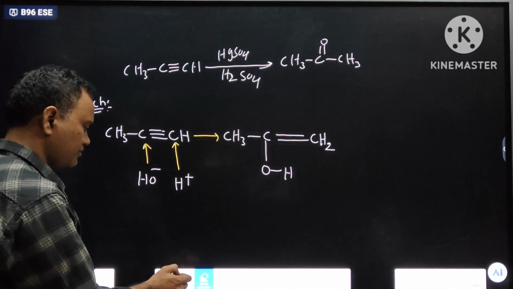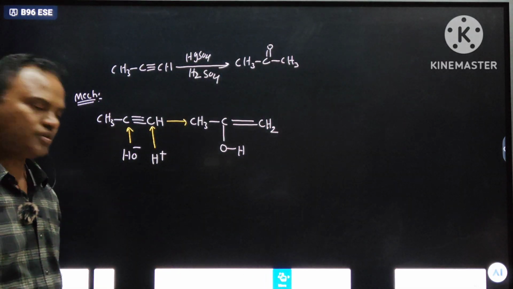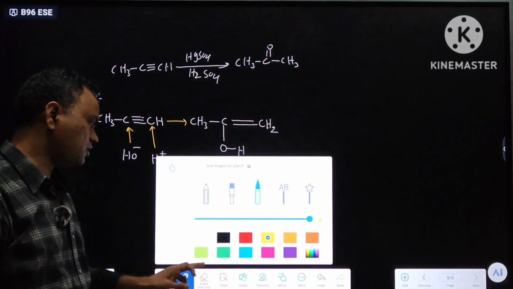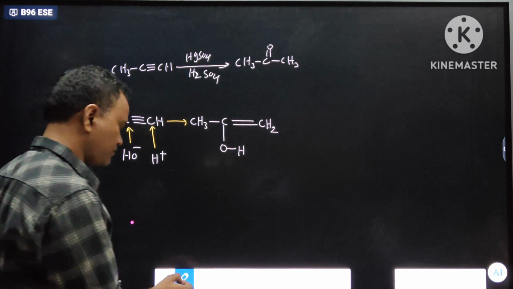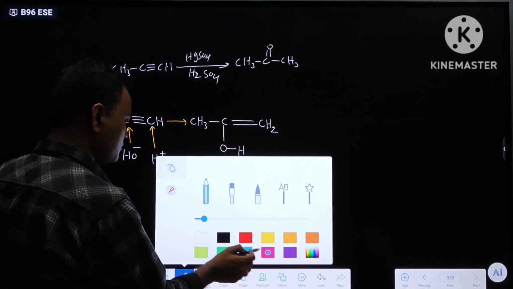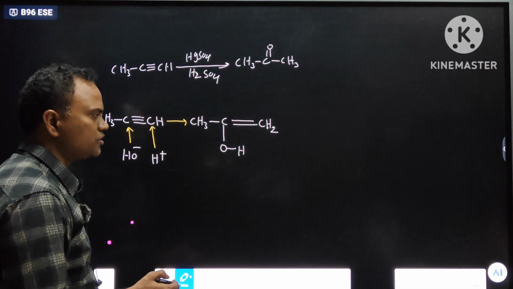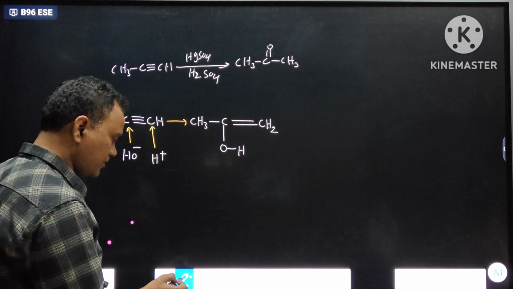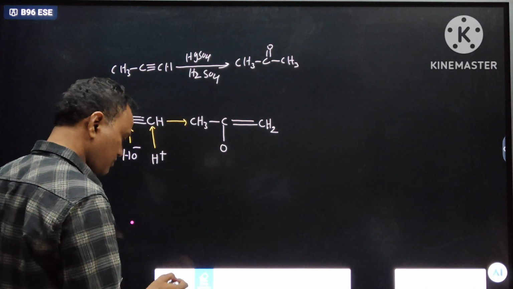Clear? Now one phenomenon will take place, that is based on isomerism. The phenomenon is tautomerism. I am writing this bond a bit lengthy. See here.